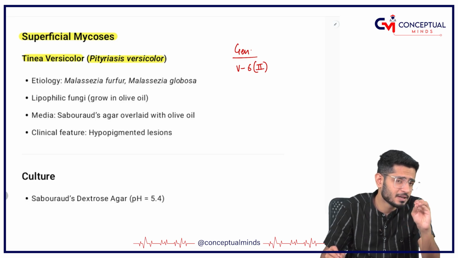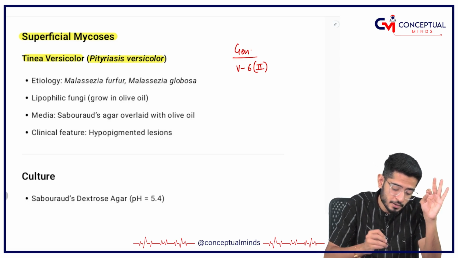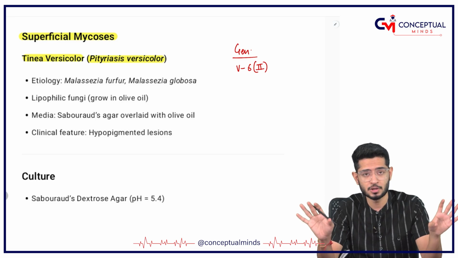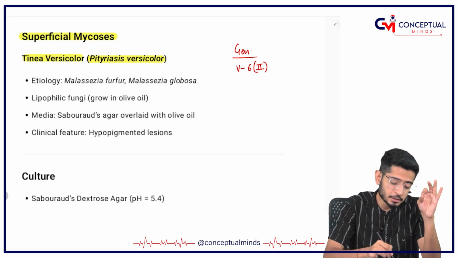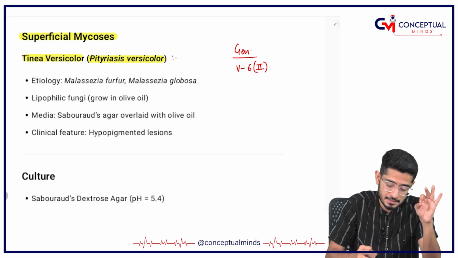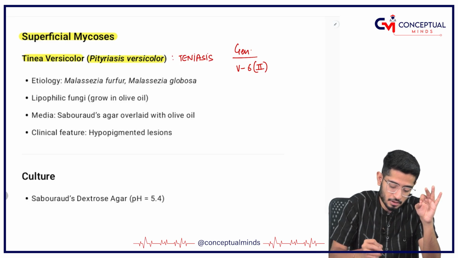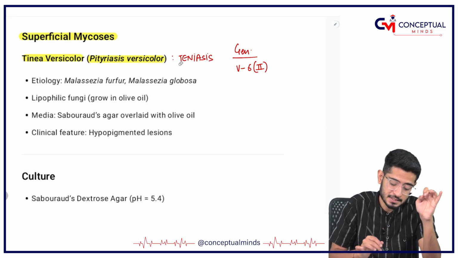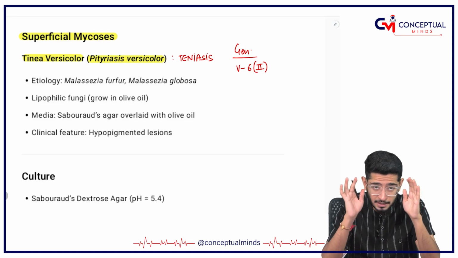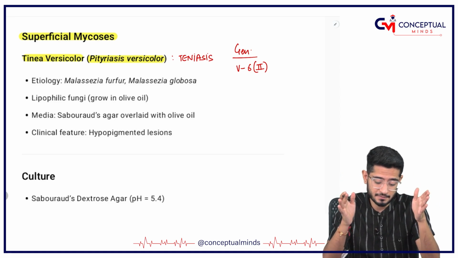These are very important, and one of the classifications is superficial mycosis. That means only superficially on the body. The name of the disease is Tinea versicolor. I am repeating, the disease is Tinea versicolor.